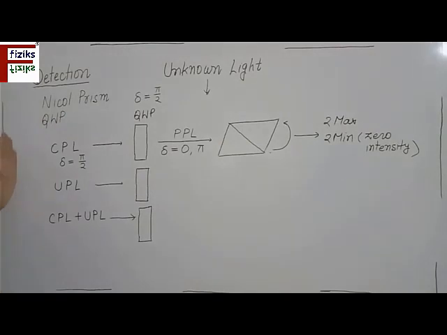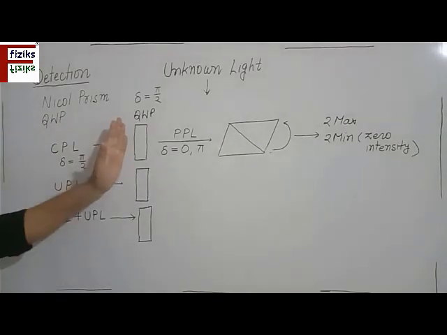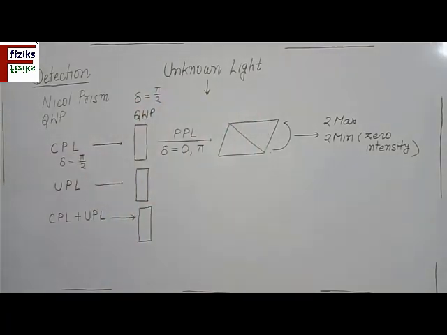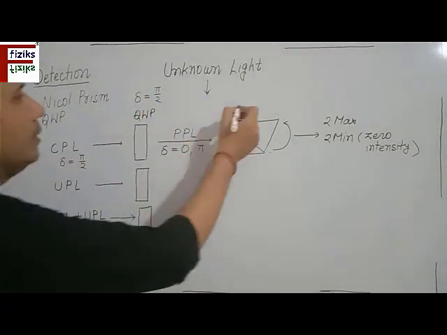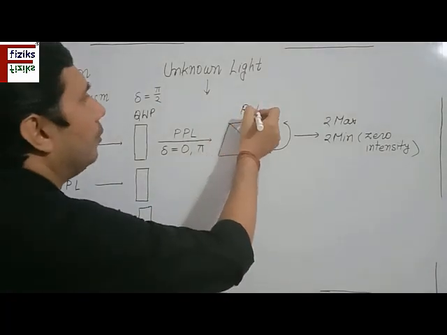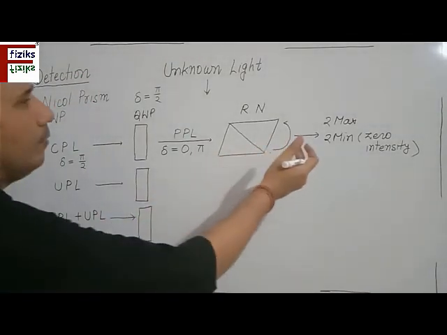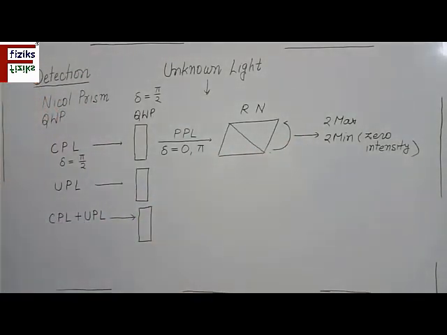So if a circularly polarized light is passed through a quarter wave plate, it will convert into PPL, and when this PPL passes through the rotating Nicol prism, then on the other side of the rotating Nicol we will find two intensity maxima and two minima with zero intensity.